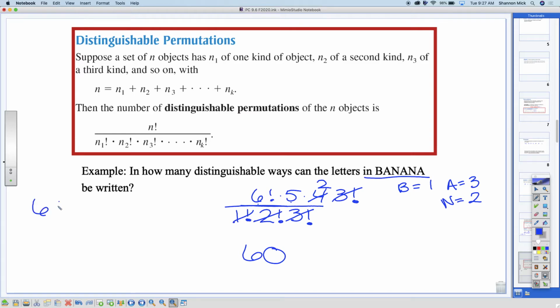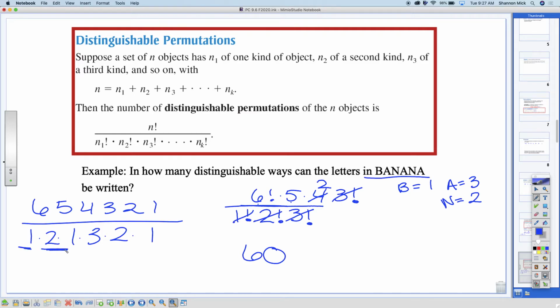If I had said 6, 5, 4, 3, 2, 1 over 1 times 2 times 1 times 3 times 2 times 1. That's 1 factorial, 2 factorial, 3 factorial. So this goes away, the ones don't mean anything, and the 2 into 4 is 2.